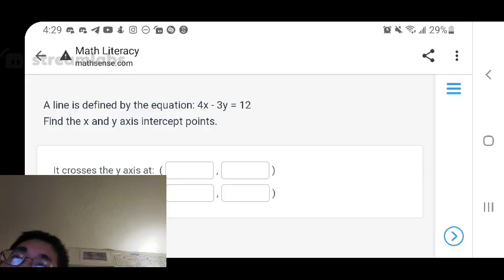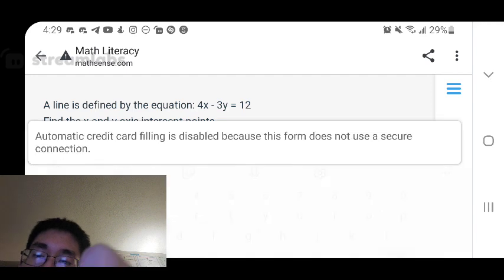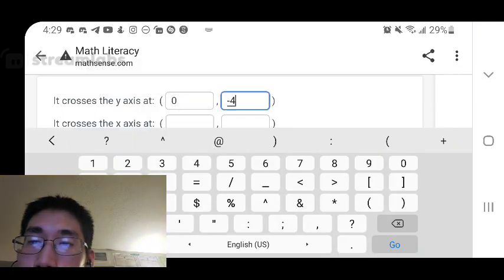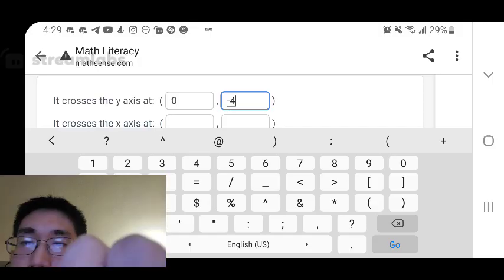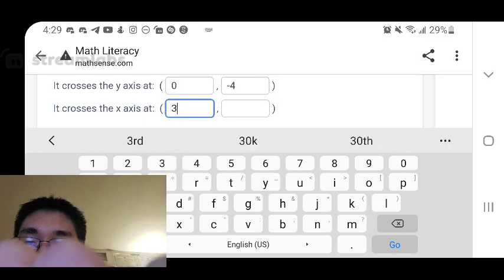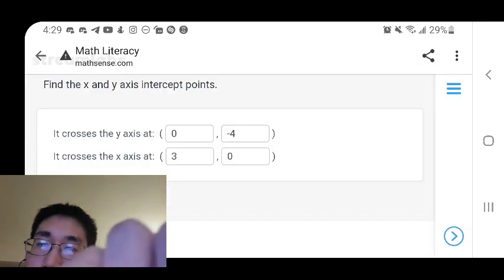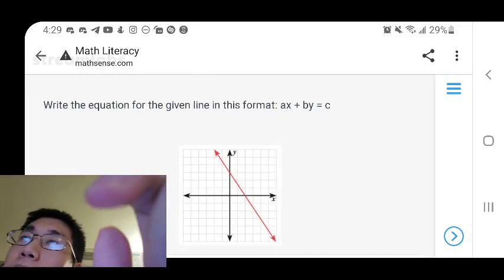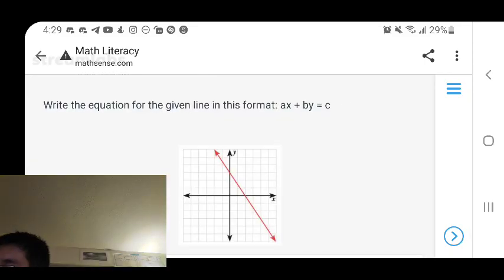Crosses the y-axis when y is negative 4. Yep, as we found in the equation earlier, and x is 3 and y is 0. Yep. Graphs 42.